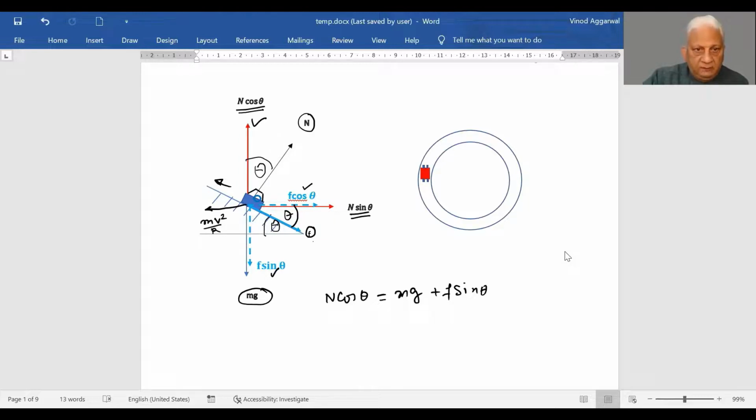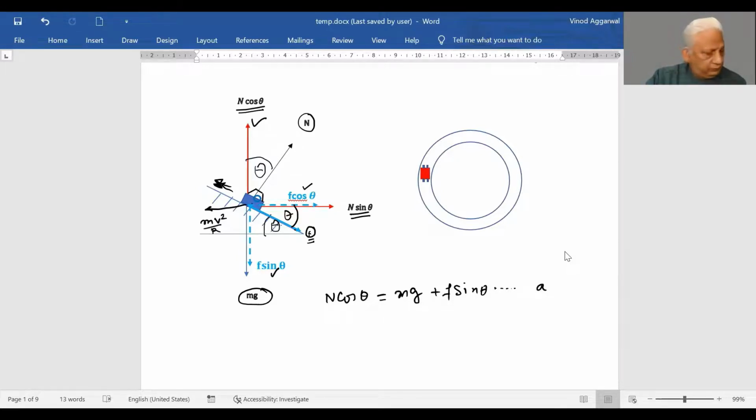F sin theta is the resolved component of the frictional force, which is acting down the slope. The reason it is acting down the slope is because the centrifugal force is trying to push the car in the upward direction. So friction force always acts in the direction opposite to the motion of the body. Okay, so this is our first equation.